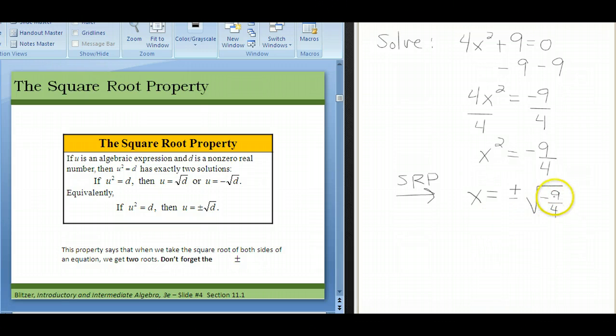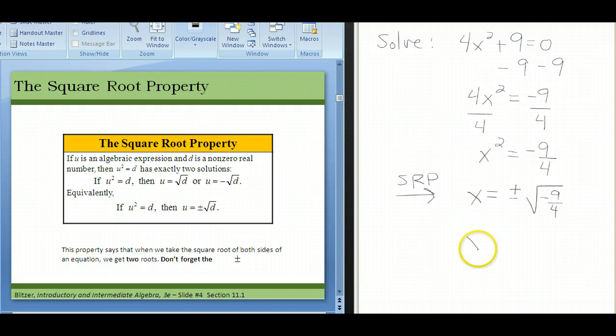That can be simplified a little bit because we know that 9 is a perfect square and so is 4. We have the square root of a negative number here, which before 10.7 would have been a really scary thing, but now that we've worked through 10.7 and know about complex or imaginary numbers, we can write this in terms of i.